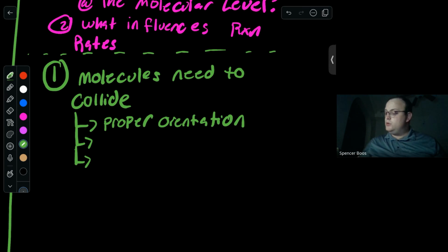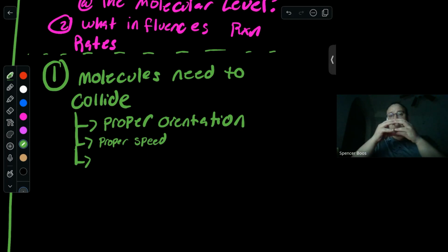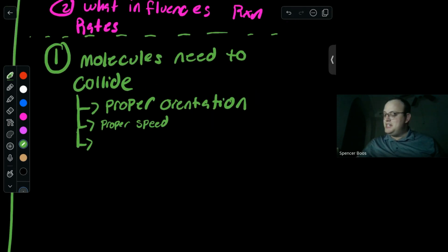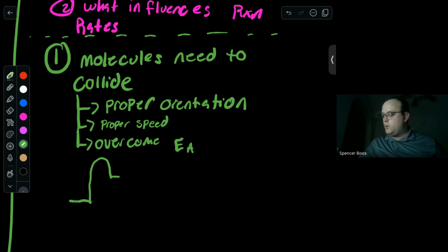Molecules also need to collide at the proper speed to make that activated complex. An activated complex is the phase where everything's connected before it breaks apart. And finally, molecules need to overcome the activation energy. If you recall these diagrams, molecules need to be able to get over this hump in order to react.